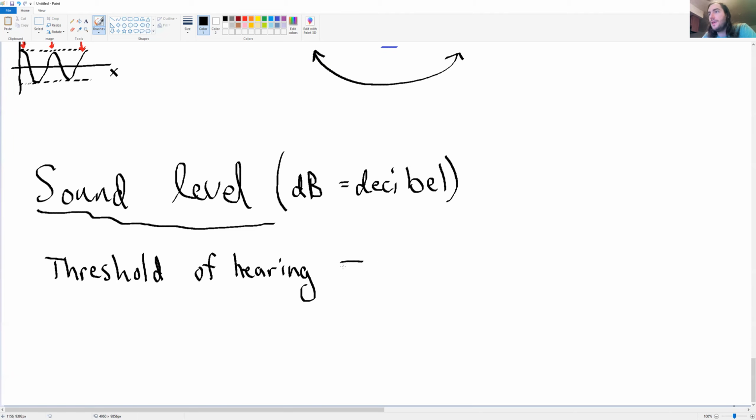The threshold of hearing, which we call I0 because it's the initial intensity that you can begin to hear at, is 1 times 10 to the minus 12 watts per square meter. Those are the units for intensity: it's power over area, so it's watts per meter squared. So 10 to the minus 12, that's quite a small number.